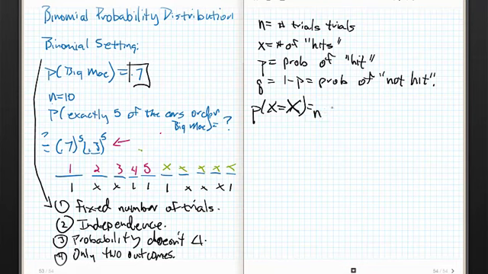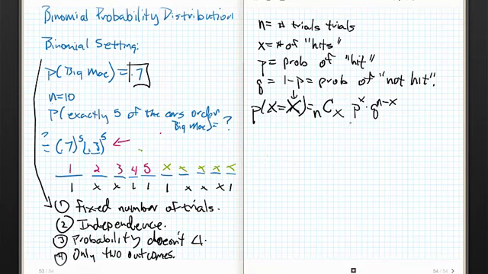It's n choose x times the probability of a hit raised to the x times q raised to the n minus x. Now, those are all capital X's. In other words, there's supposed to be a little number here, but I'm running out of ways to write those things. And I'll show you when we do the example over here. Okay? So watch how this works.